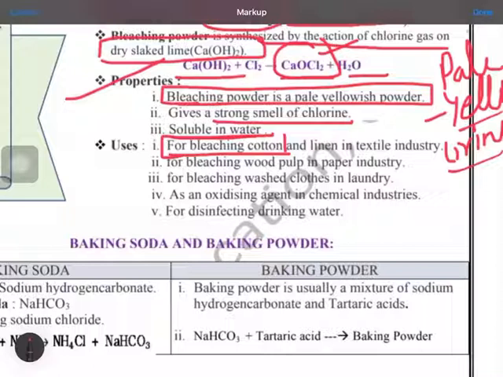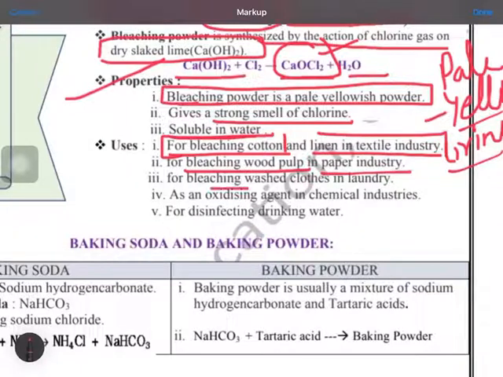So bleaching cotton and linen in the textile industry, that means the clothing industry, has a very high use. Next is the bleaching of wood pulp. The pulp which is used to make paper in the paper industry is also cleaned through this bleaching powder.